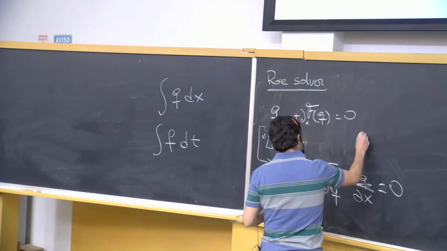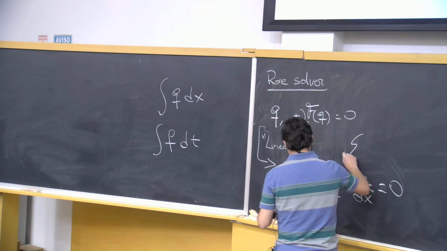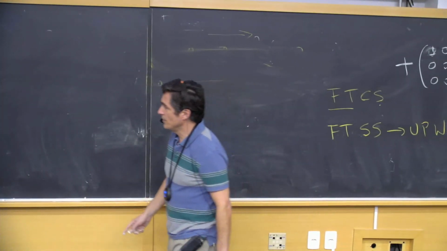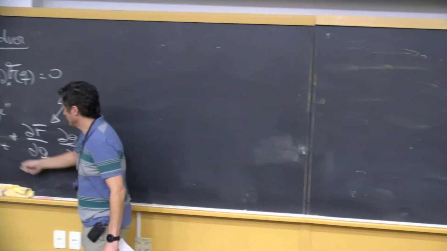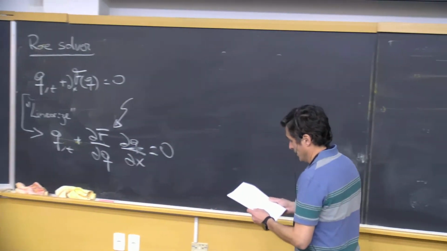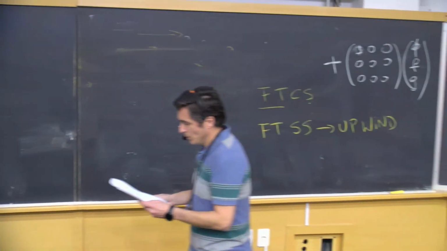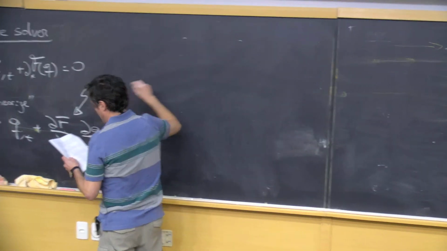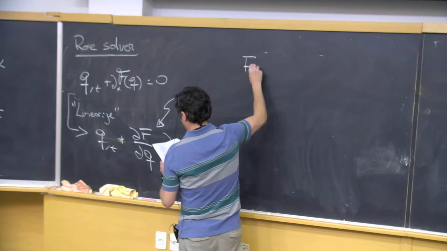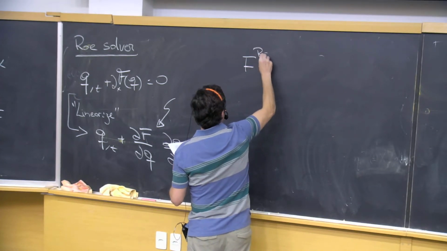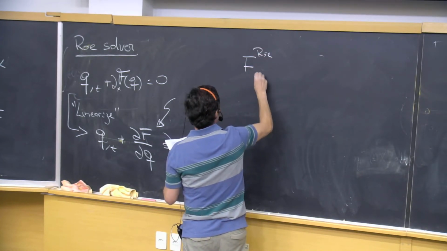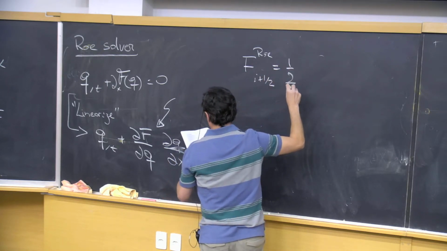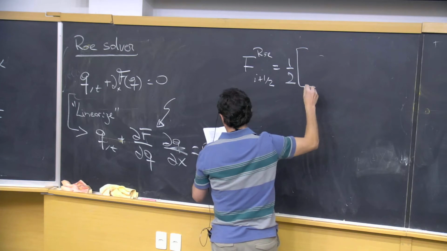Now everything will be in here to understand what are the characteristics of this matrix. So the Roe solver will basically say, well, now we're going to evaluate the fluxes. Let me write this first, and then I'll tell you what the ingredients are.